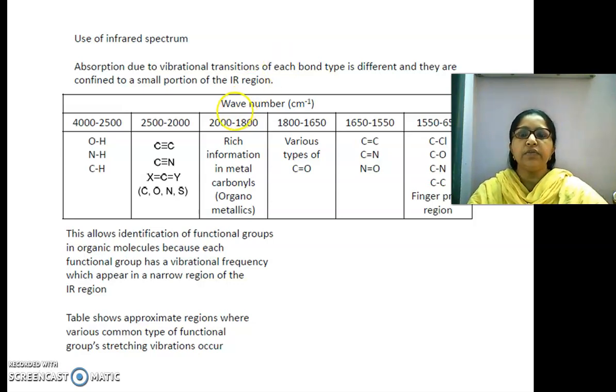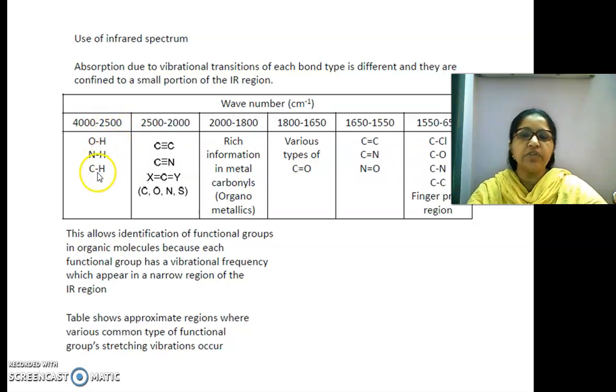Absorption due to vibrational transition of each bond type is different, and they are confined to a small portion of the IR region. Supposing O-H, it is a bond and it will vibrate. Where will it lie? It will lie in the region 4000 to 2500.